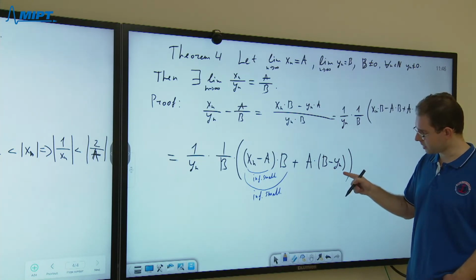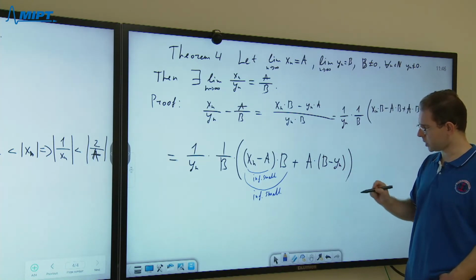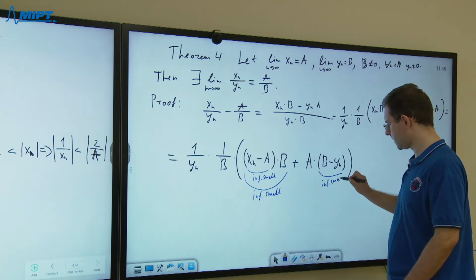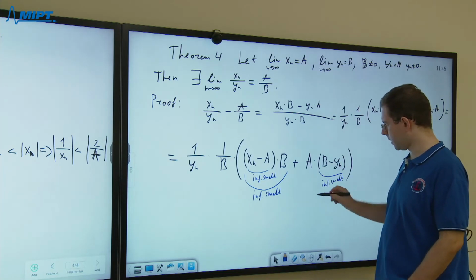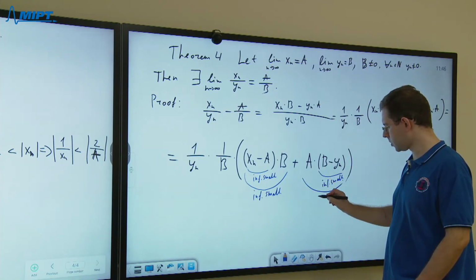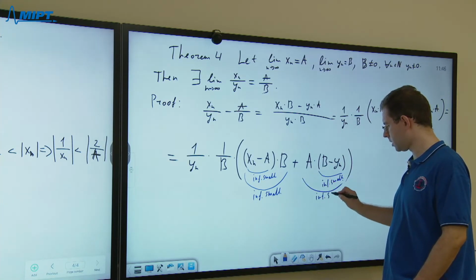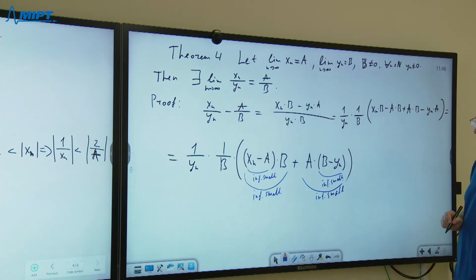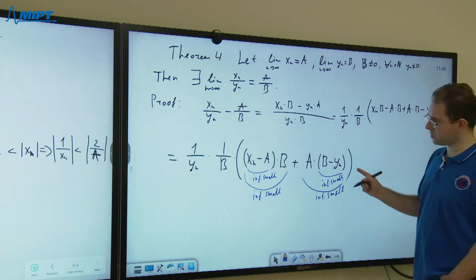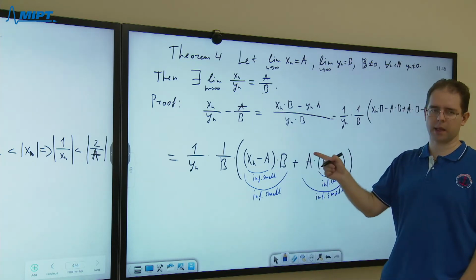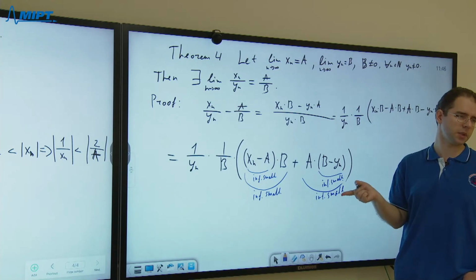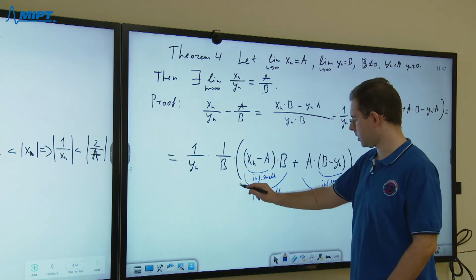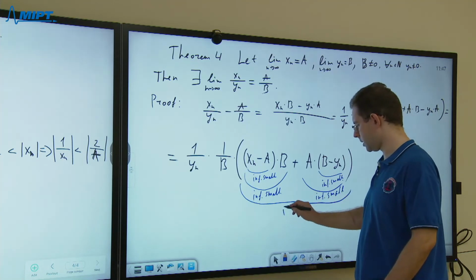This is infinitely small, b minus yn. And if multiplied by a constant, also will be infinitely small. So this big bracket contains a sum of two infinitely small sequences, which means this is also infinitely small. All of this is also infinitely small.